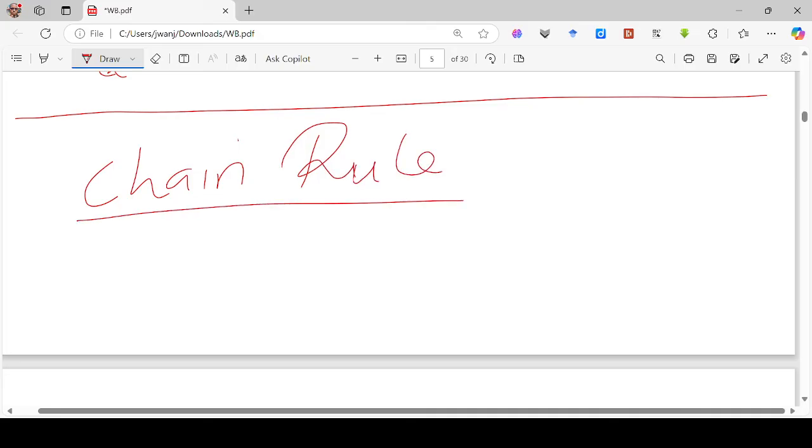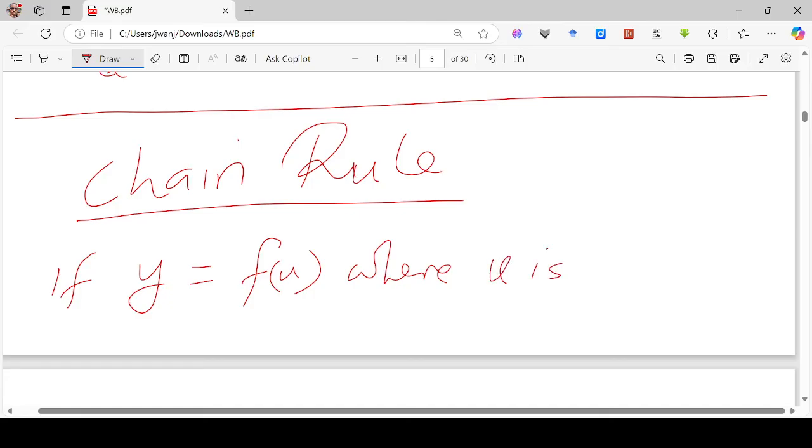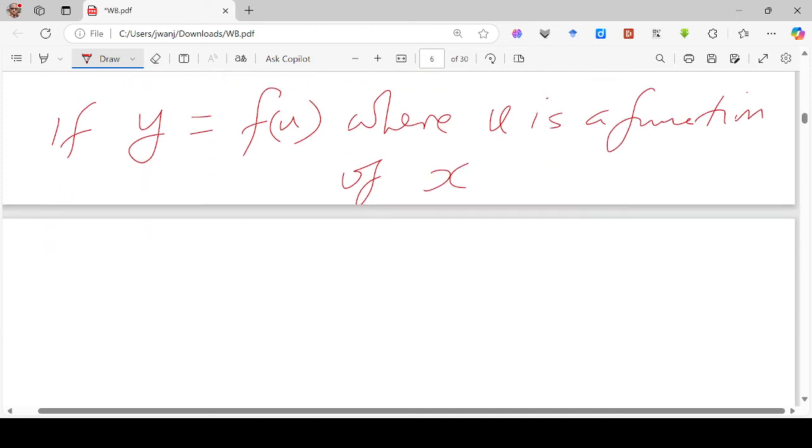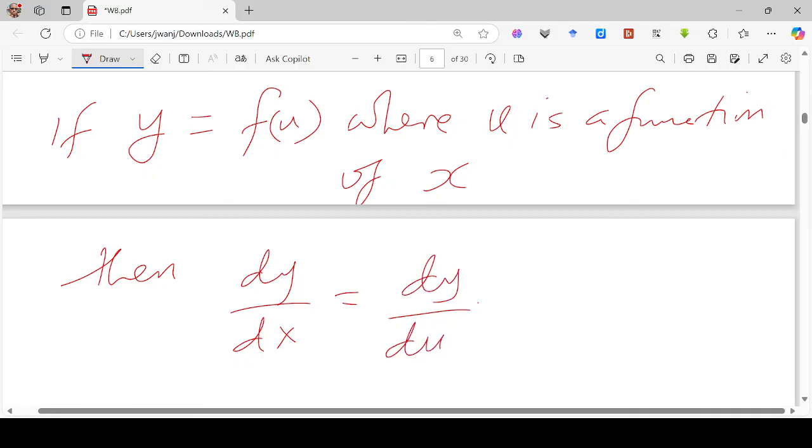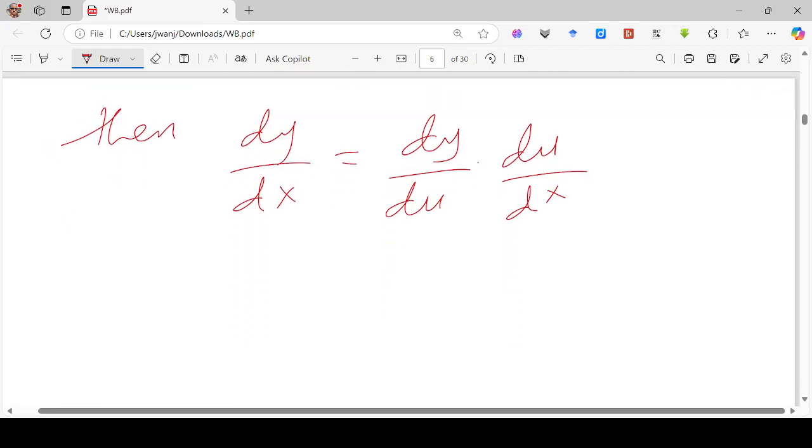This one says that if y is a function of u, where u is a function of x, then dy by dx can be expressed as dy by du times du by dx.